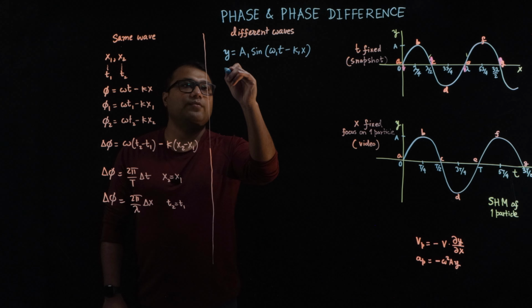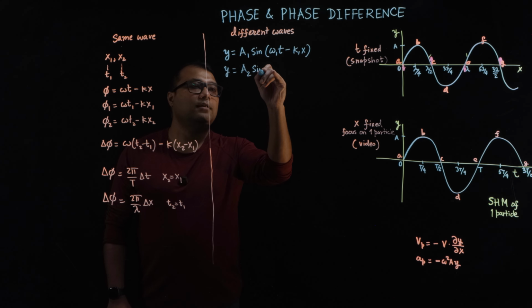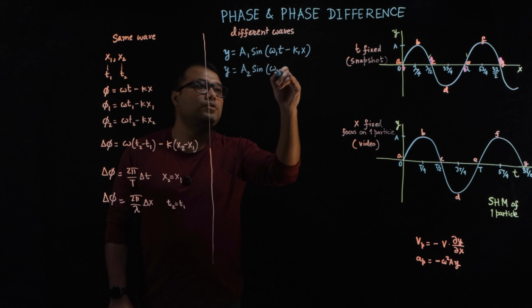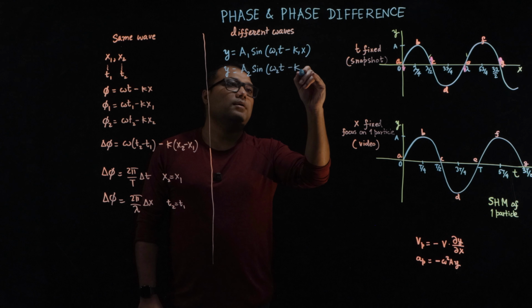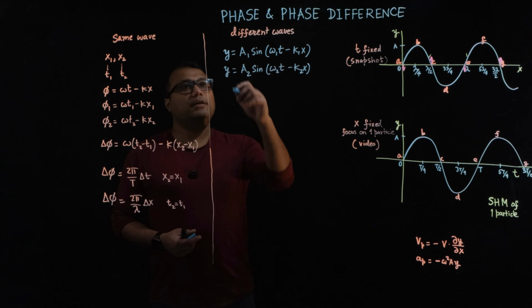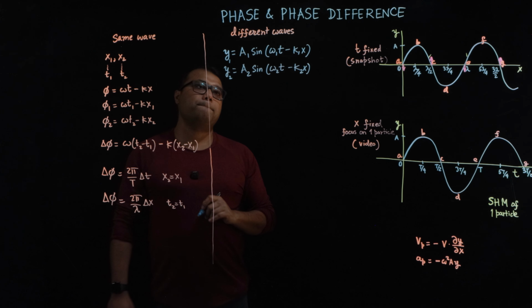And wave 2's function is y equals a2 sine omega 2t minus k2x. Let's say we can denote this as y1 and this as y2.